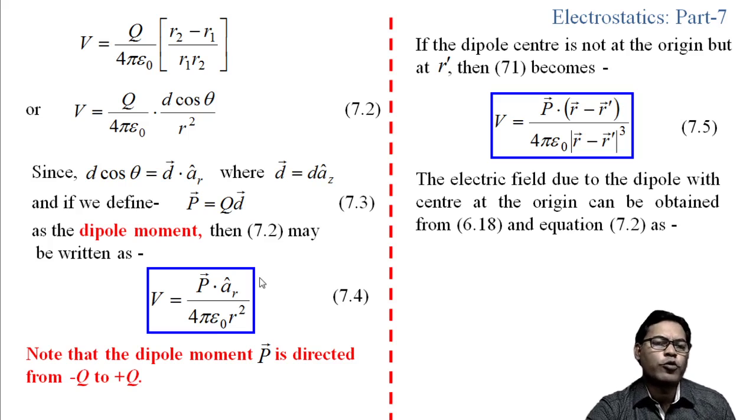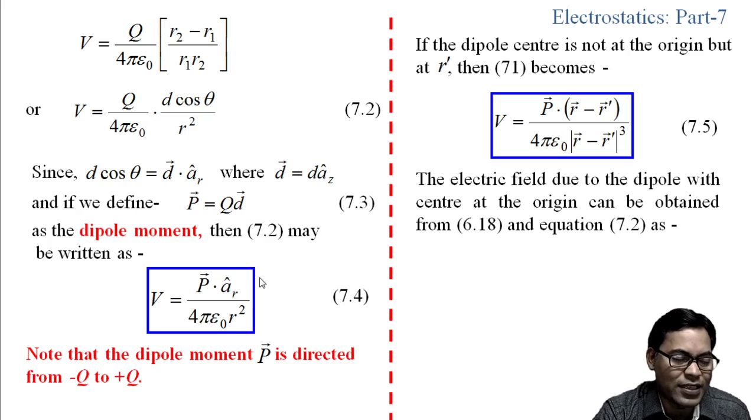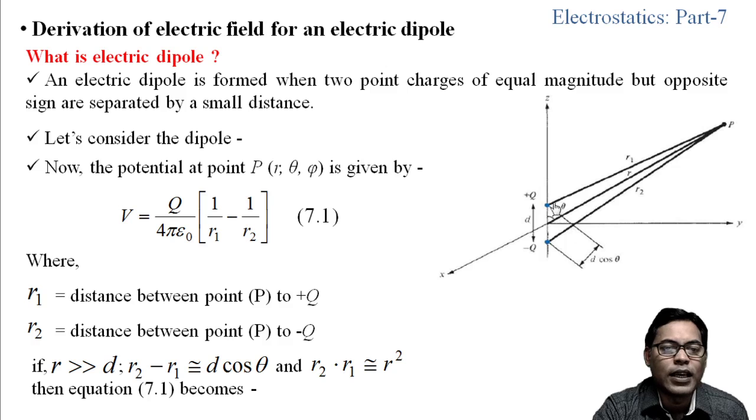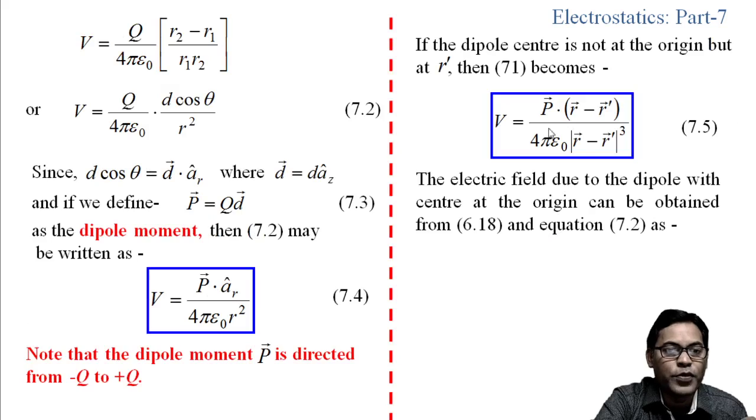Now we are going to consider another case. Suppose the center of the dipole is not at the origin of the coordinate system, rather it is at another point whose distance from the origin is r prime. So here we can easily replace 7.4 by expression 7.5. You can see that, as we have seen in the case of Coulomb's law, ar by r square can be replaced by r by r cube.